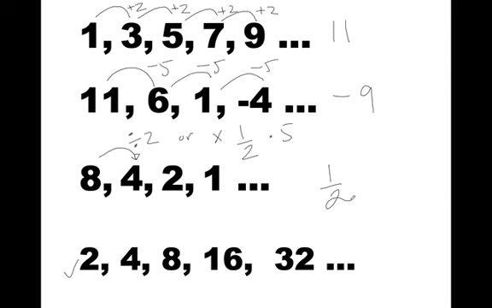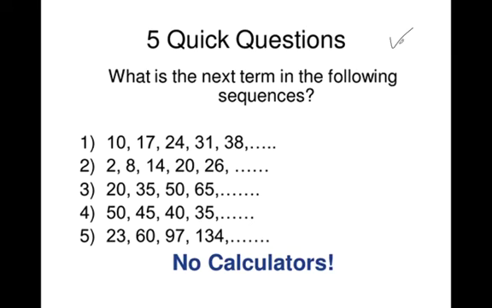How about here? We are multiplying by 2 each time. So the next one would be 64. Pause the mathcast and try these on your own.